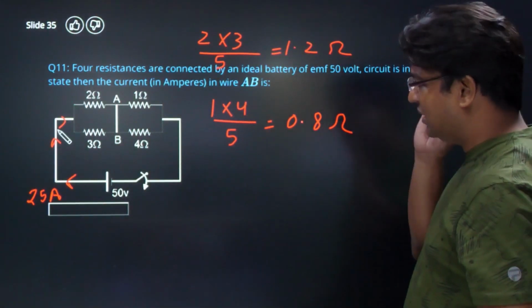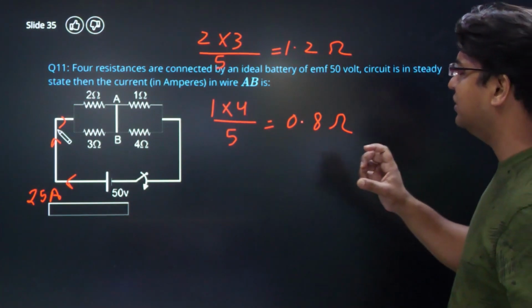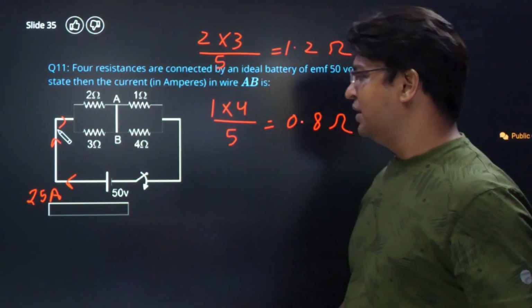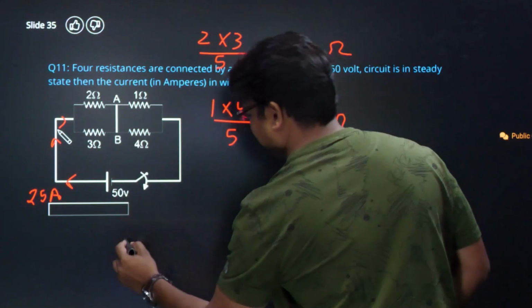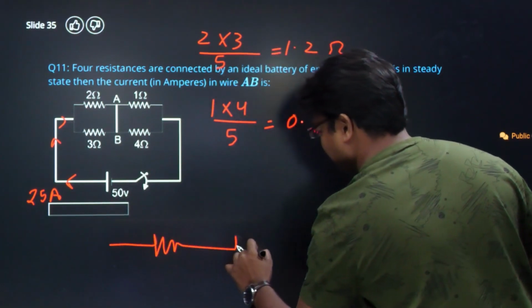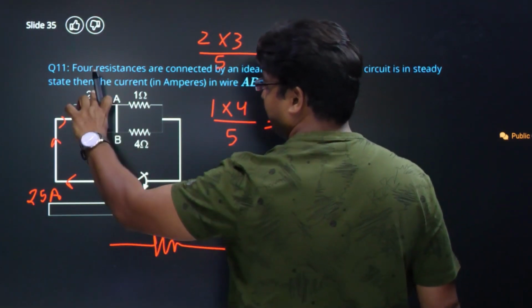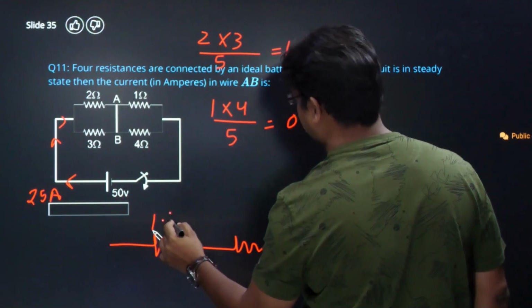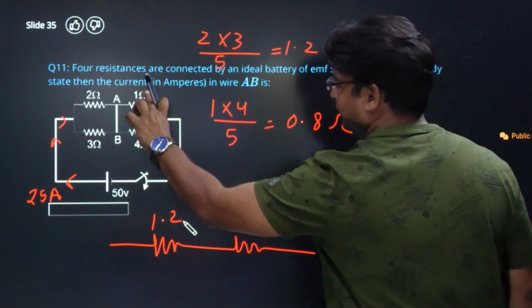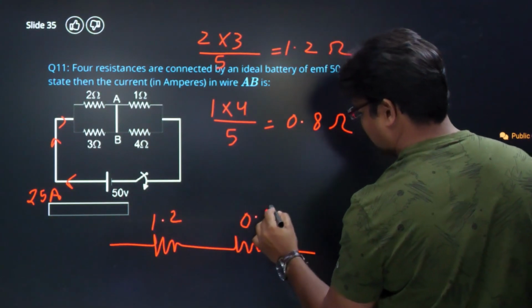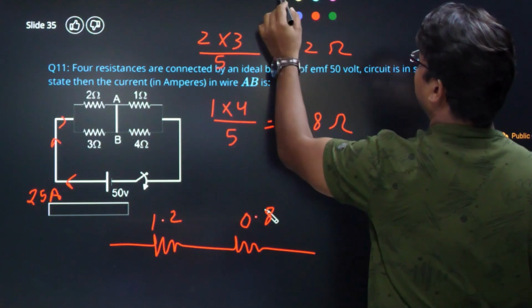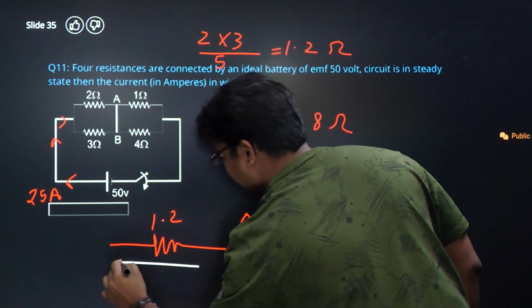Now we want to know the current in wire AB. So guys, when we replace this circuit, the equivalent of these two was 1.2, correct? And the equivalent of these two was 0.8. So using this we can calculate the potential difference across this combination.